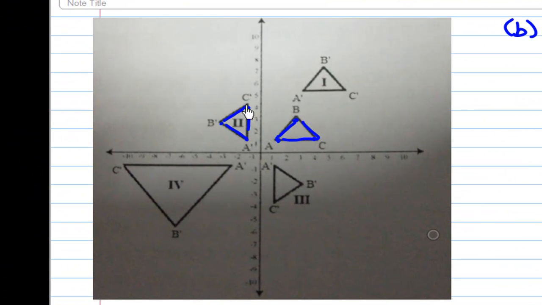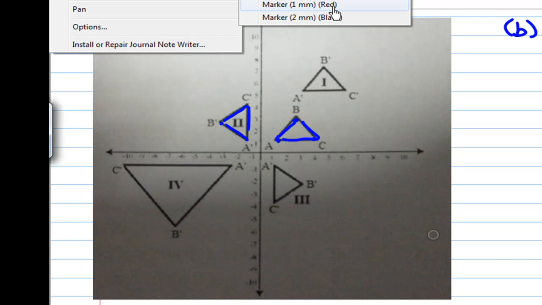Write down the homogeneous transformation matrix Q. First, we must identify what is this homogeneous transformation Q. This transformation is a rotation. As we'll see later how I get this rotation.